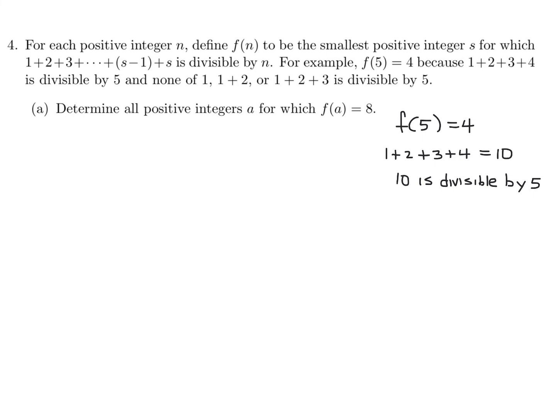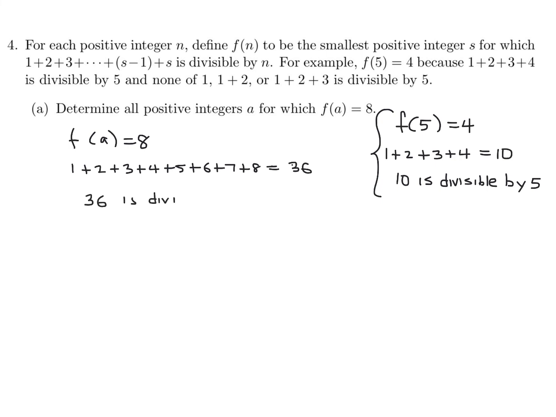Okay, so by that same logic, if we have f at a is equal to 8, it would mean that 1 plus 2 plus 3 plus 4 plus 5 plus 6 plus 7 plus 8, which is 36, and 36 is divisible by 8.